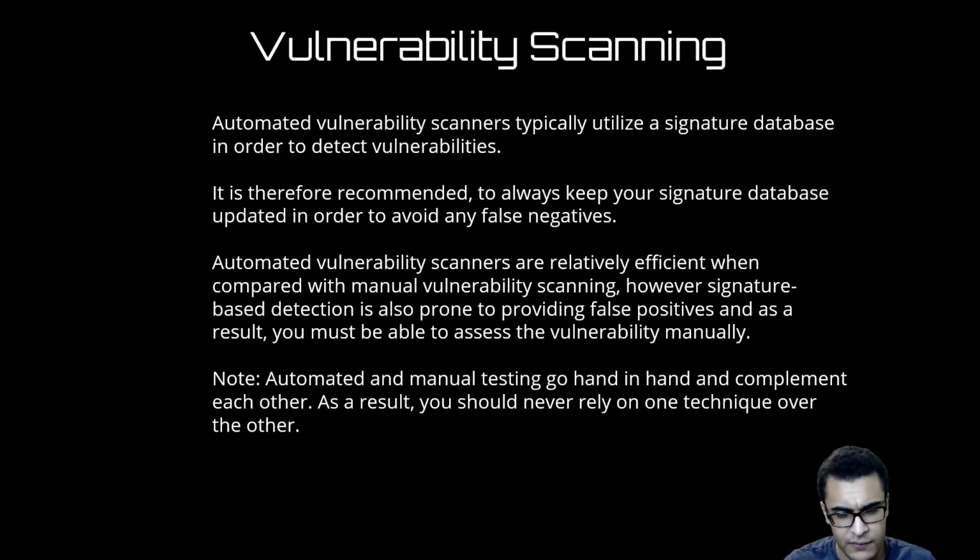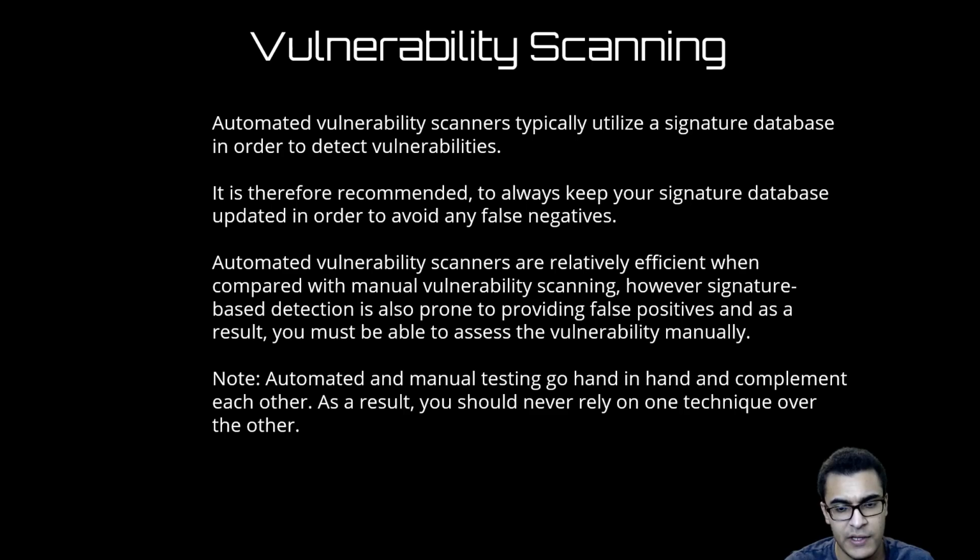Now, the key thing to note here, and this is where you need to draw the distinction between manual vulnerability scanning and automated vulnerability scanning. Automated vulnerability scanners are relatively efficient when compared with manual vulnerability scanning. However, signature-based detection is also prone to providing false positives, and as a result, you must be able to assess the vulnerability manually.